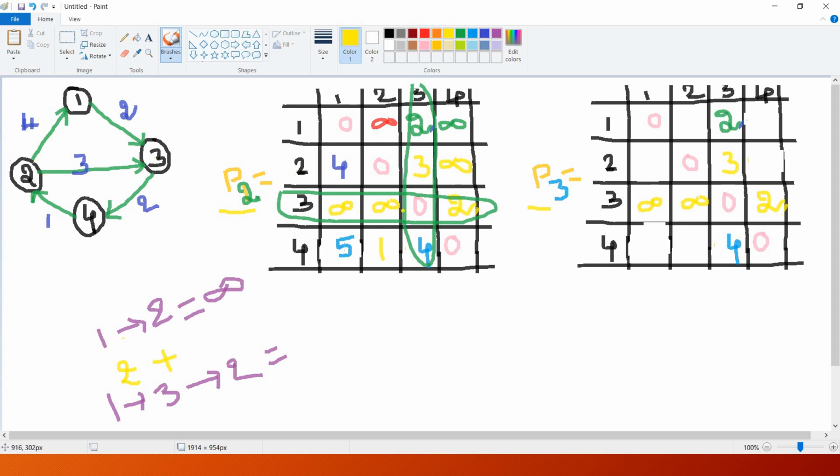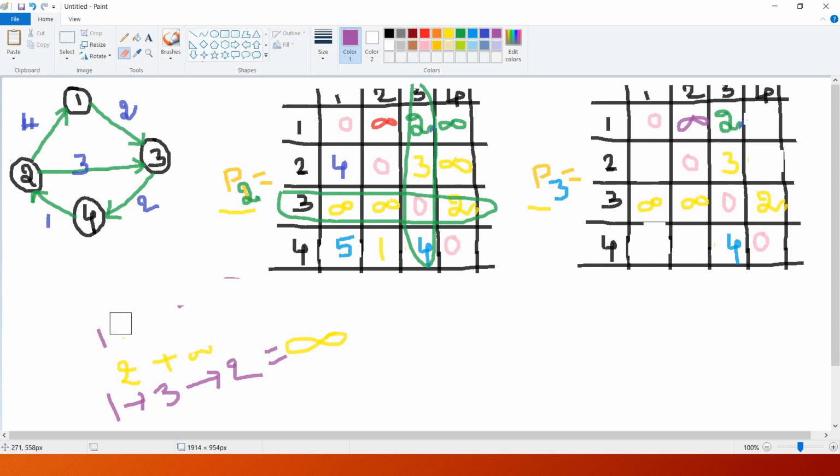So 3 to 2 is infinite. So we will get infinite again. So infinite will remain the same. 1 to 3, there is an edge. 3 to 2, yes, there is no edge. Okay, right.